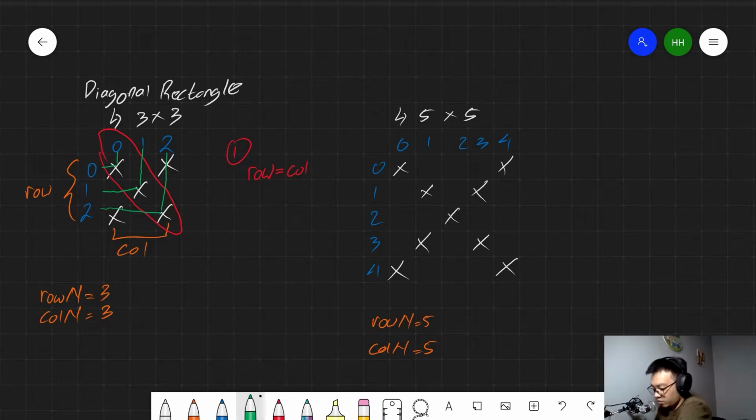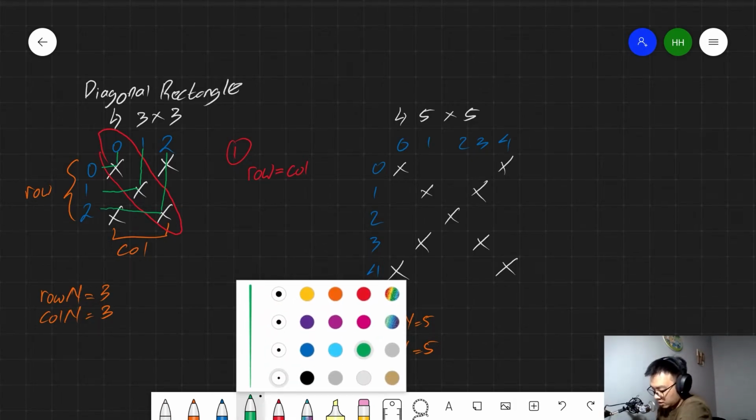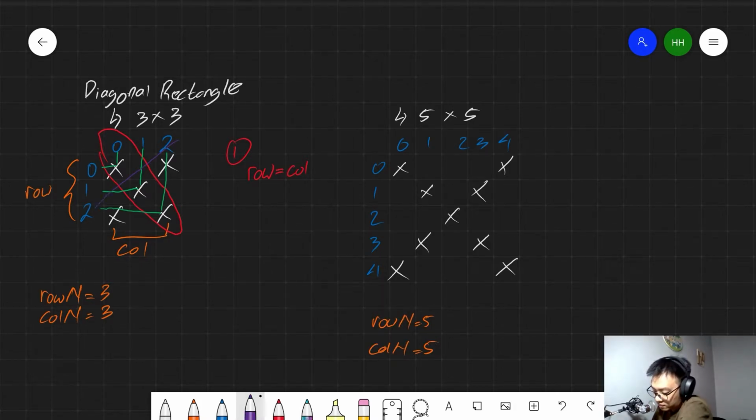And now moving forward to the second diagonal. These diagonals. Oh, it's too messy. So let me write in maybe a purple color.